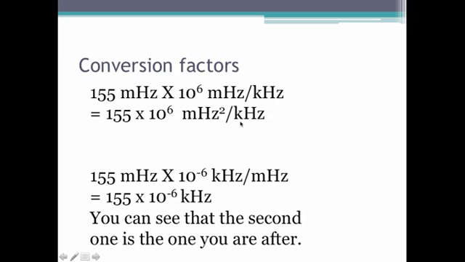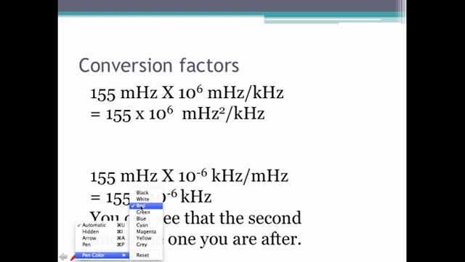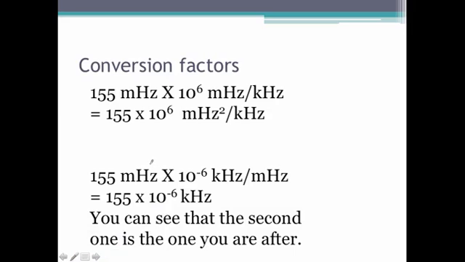You can see you end up with the wrong units here, and here you can see I end up with the correct one. We've got 155 millihertz multiplied by 10 to the minus 6 kilohertz per millihertz. The millihertz cancel out, and I'm left with kilohertz as my answer.